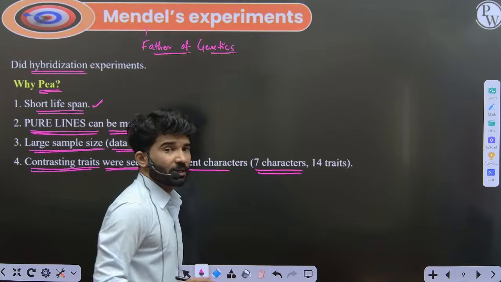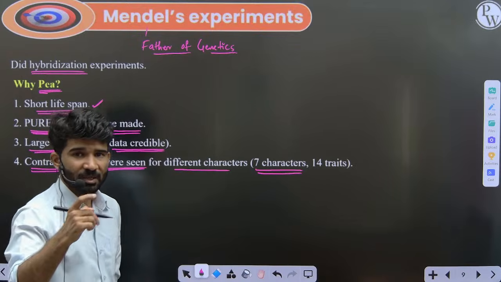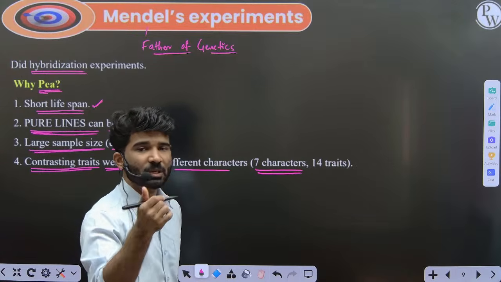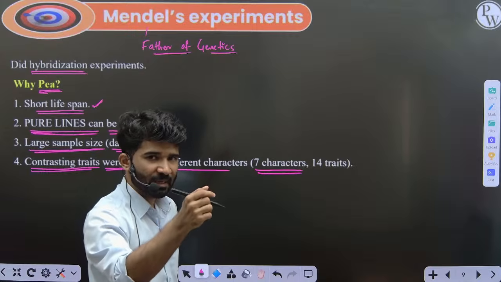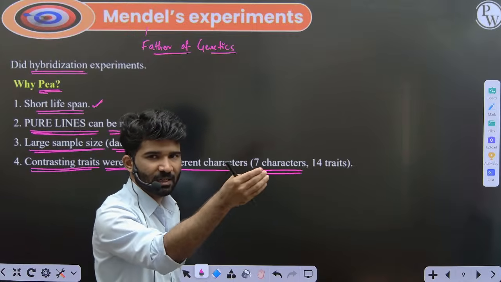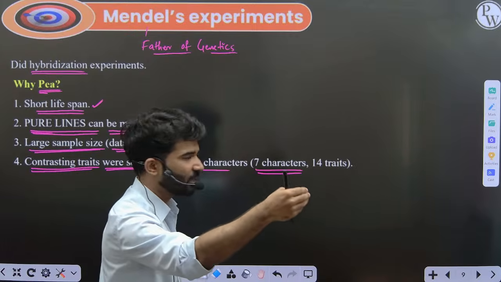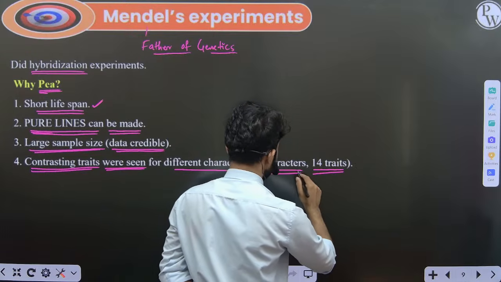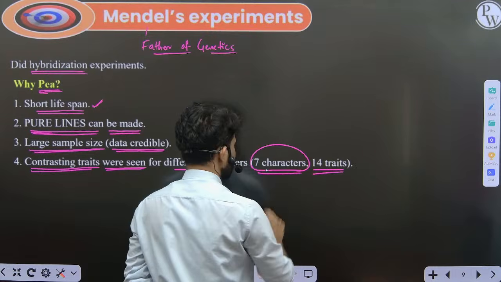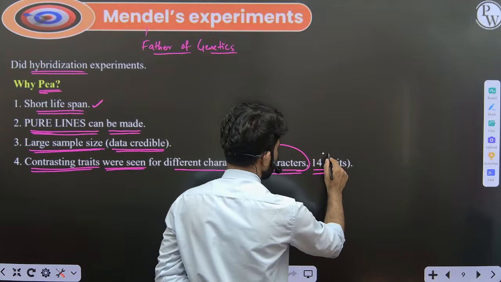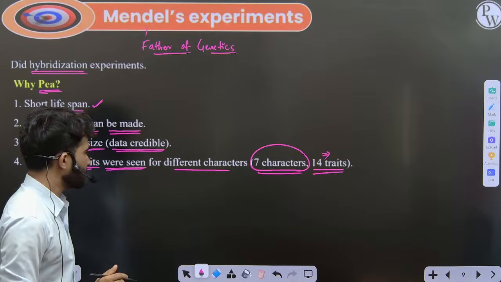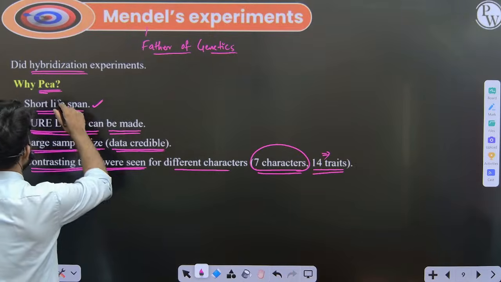For example, height is a character. Its contrasting traits are either tall or short. Those are called traits. So we got 7 characters that have 14 traits, a pair of contrasting traits for each character. That is what he selected.